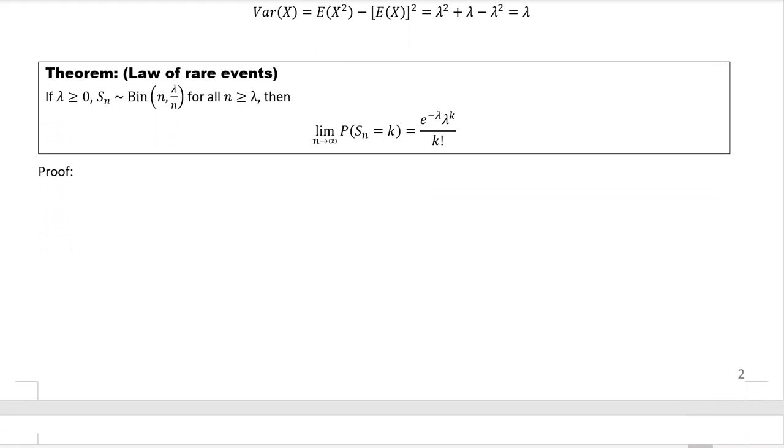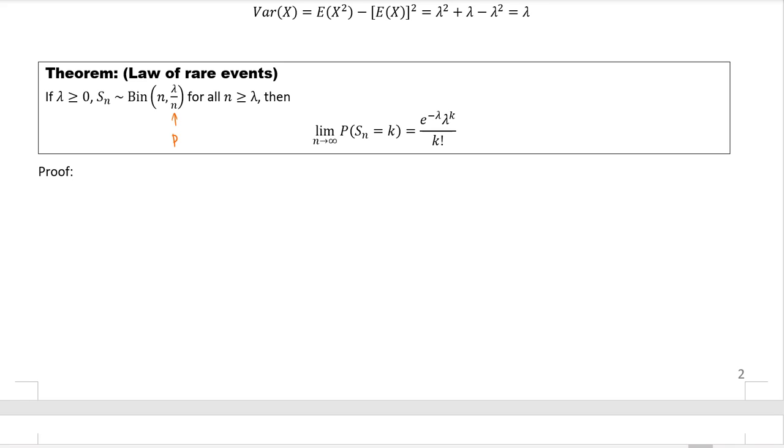Next, the theorem, the law of rare events. If lambda is greater than or equal to 0, let Sn have the binomial distribution with n trials, and let the probability of success be lambda over n, for all n greater than or equal to lambda.